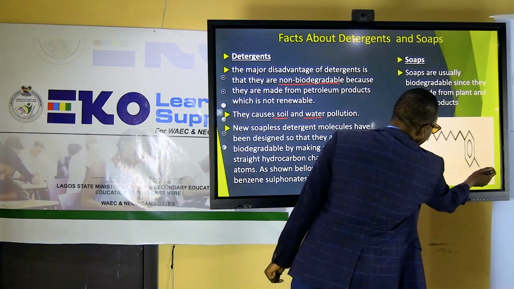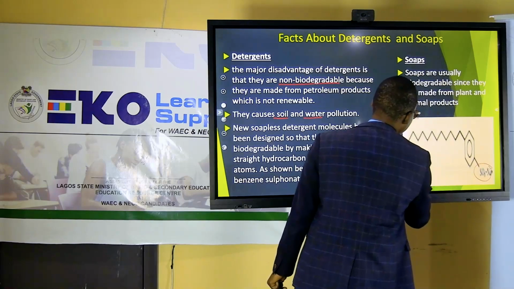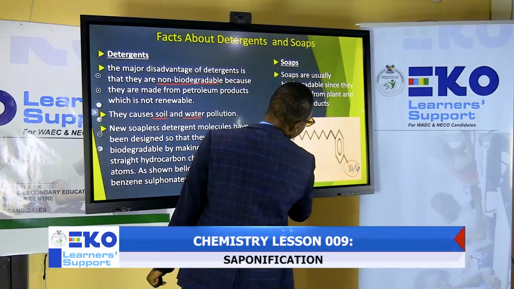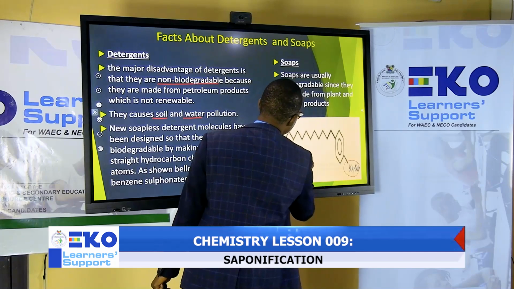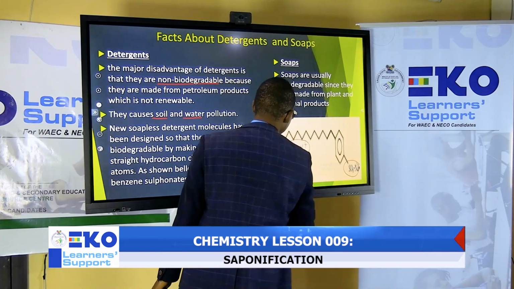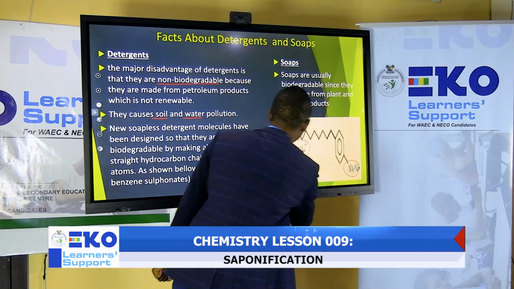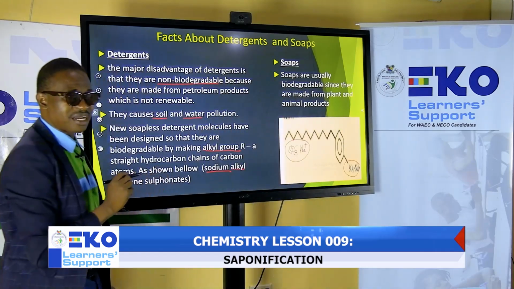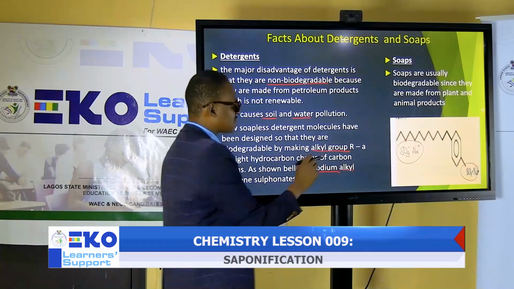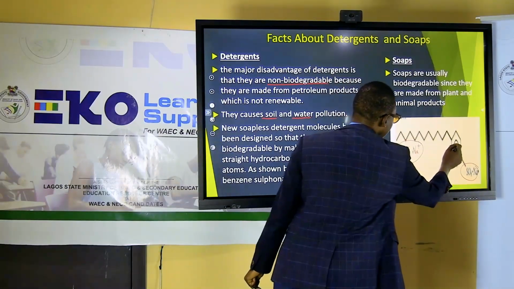You see, what you have here is SO3 minus and Na plus. What we have here, SO3 minus, should have been SO2, but, you know, this is benzene.